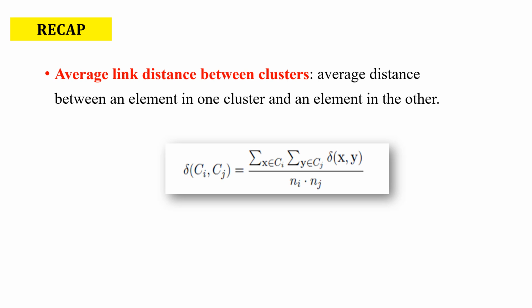For clusters Ci and Cj, you take the summation over all the points of Ci and all the points of Cj, take their distances, and divide by the number of pairs, which is Ni times Nj.